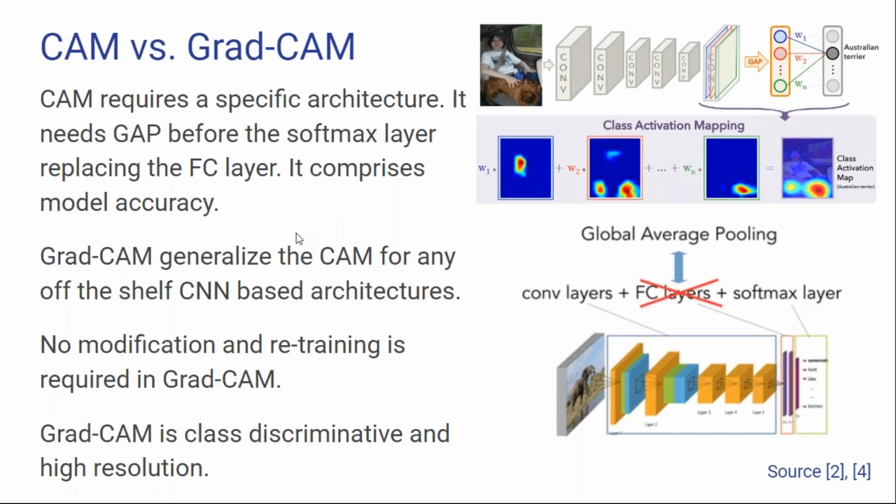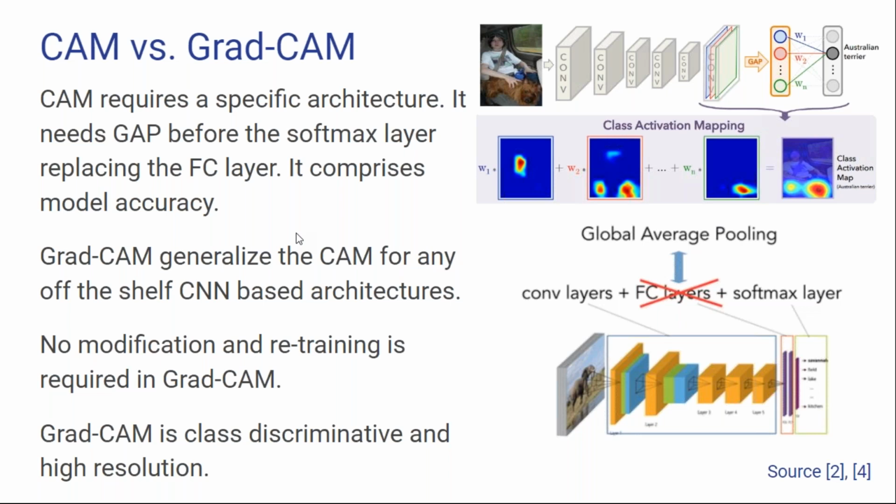So you have to remove all the fully connected layers, and you have to put a global average pooling on that. Because of doing that, your model accuracy goes down. But since you want interpretability, such heat maps, you compromise your model accuracy, and then you give an explanation.